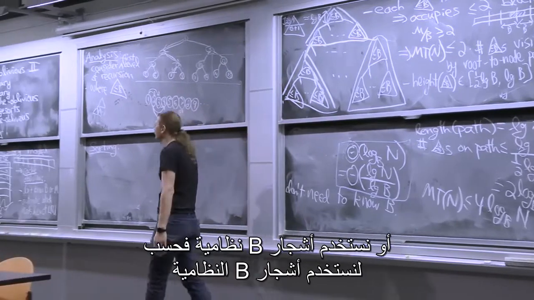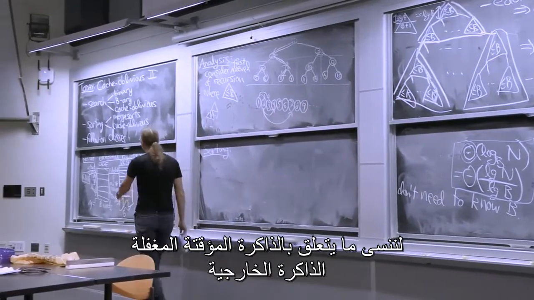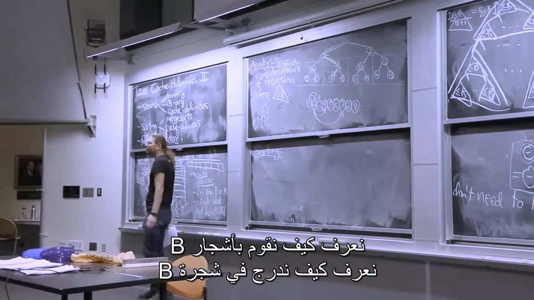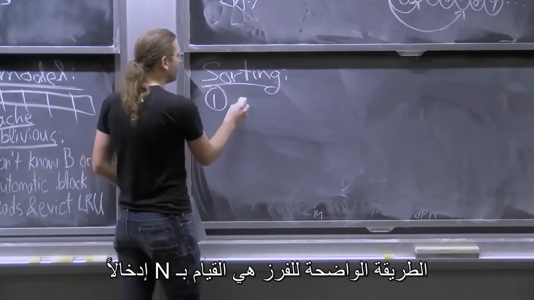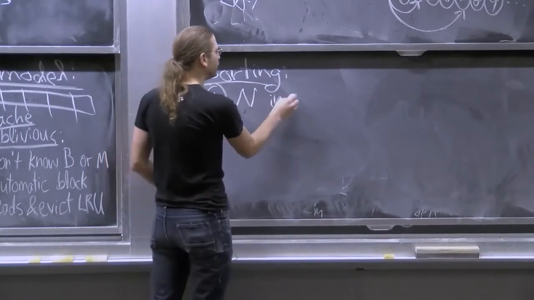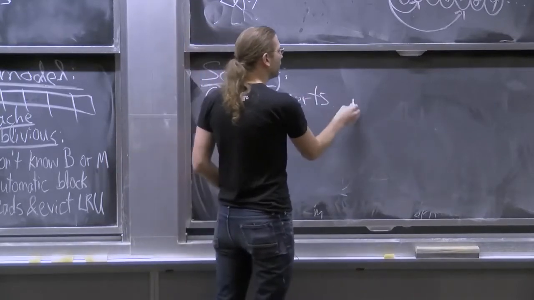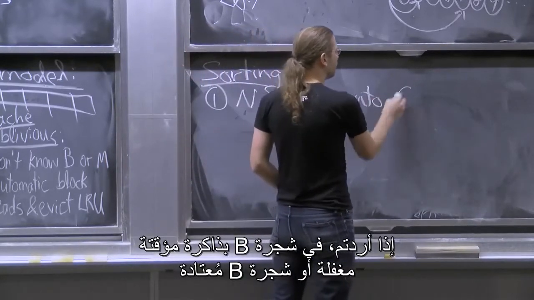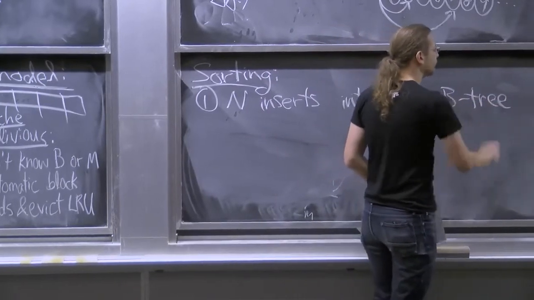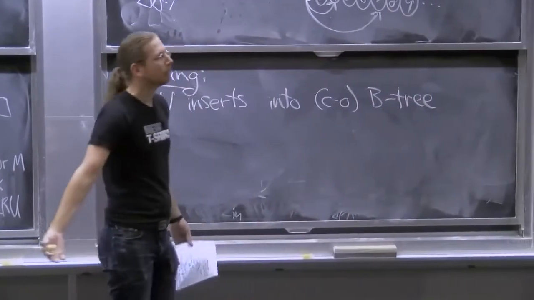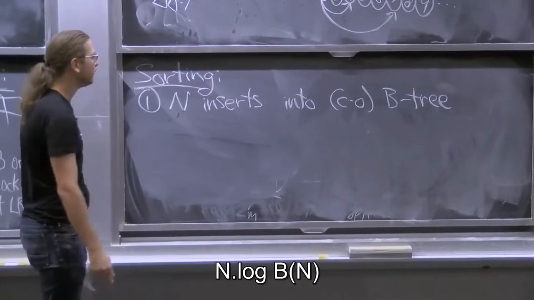Let's use regular B trees. Forget about cache-oblivious, external memory. We know how to do B trees. We know how to insert into a B tree. So the obvious way to sort is to do n inserts into, if you want, a cache-oblivious B tree or just a regular B tree. How long does that take? n times log base b of n.